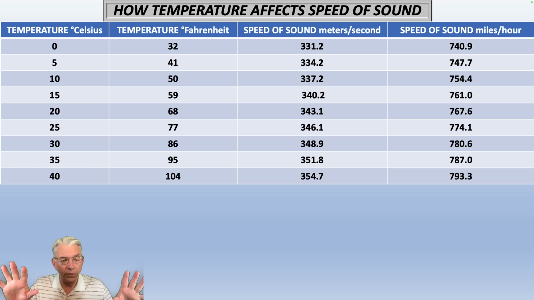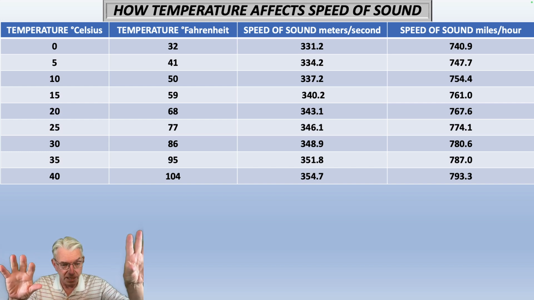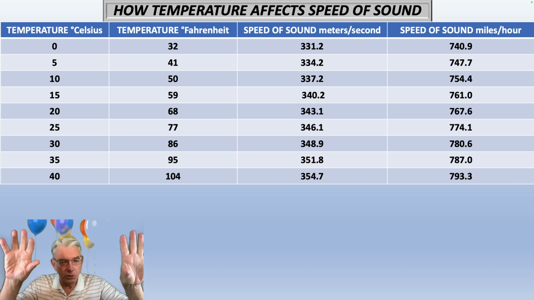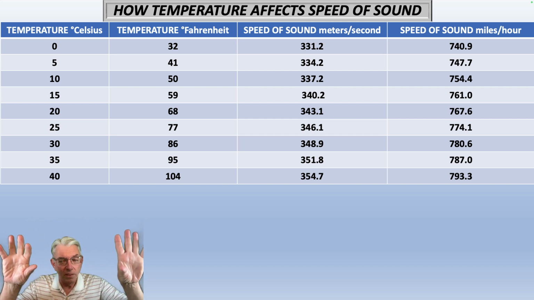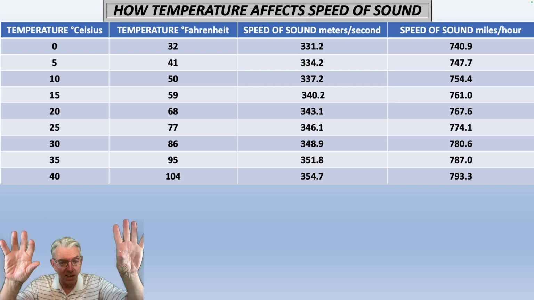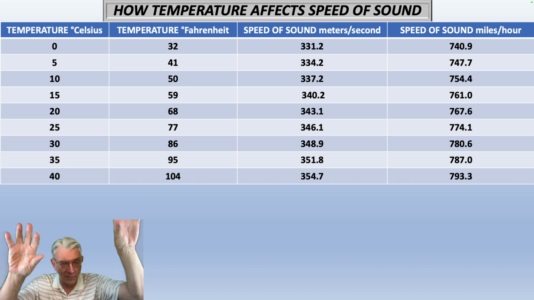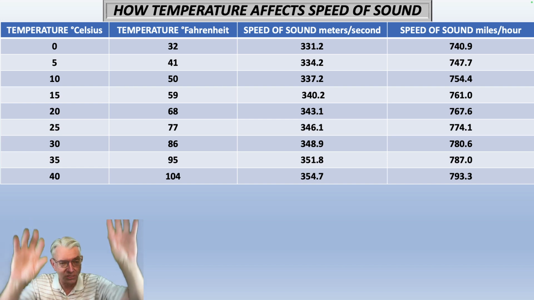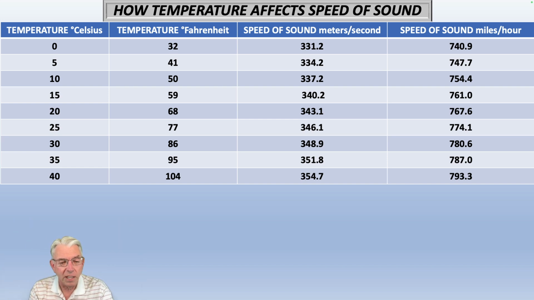So 0 and 32, and then add 5 to 0, 9 to 32: 5 is 41. Now add 5 more: 5 plus 5 is 10, and 41 plus 9 is 50. So you keep going: 15, 59, 20, 68, 25, 77, 30, 86, and so forth. And then you go down the same way.